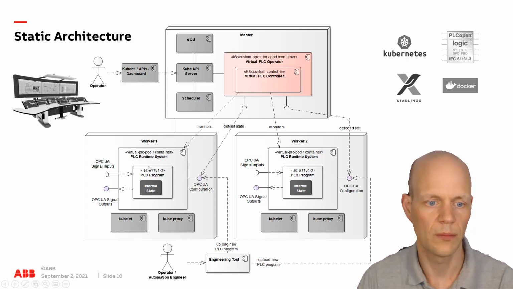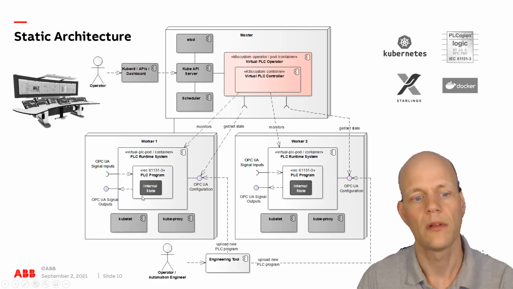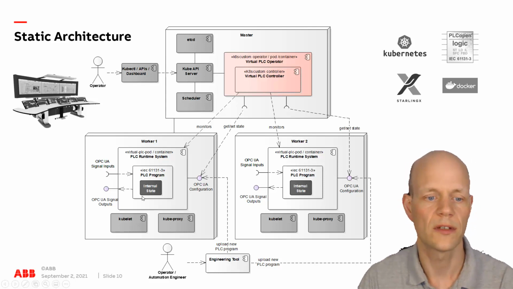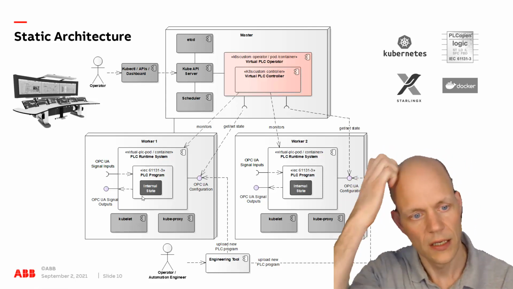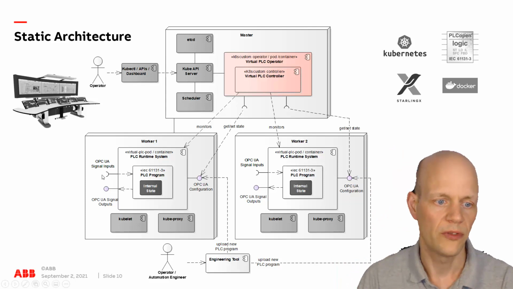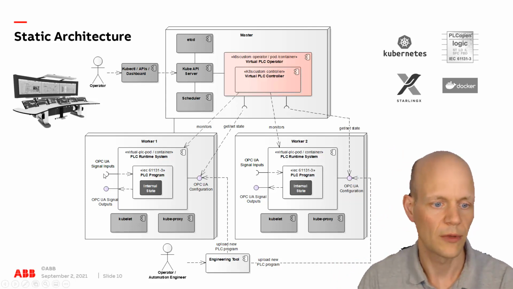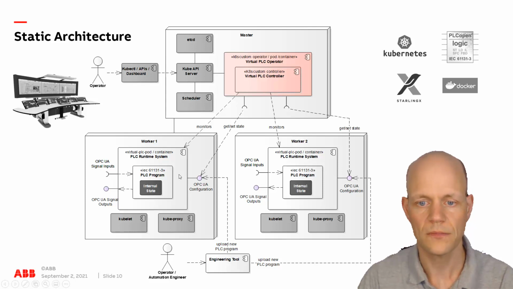The runtime system hosts the PLC program. The PLC program carries an internal state, as for example in the running example was the configured desired filling level in the tank. The program receives OPC-UA signal inputs, so the recent filling level in the tank, for example, from the level sensor, and then it writes the output signals, for example, to the operating valve here.